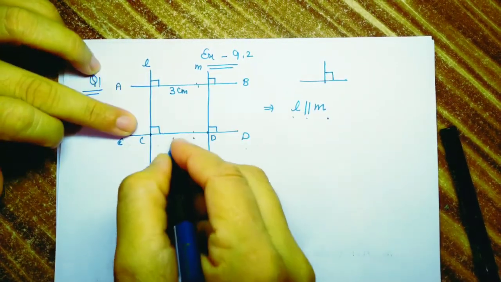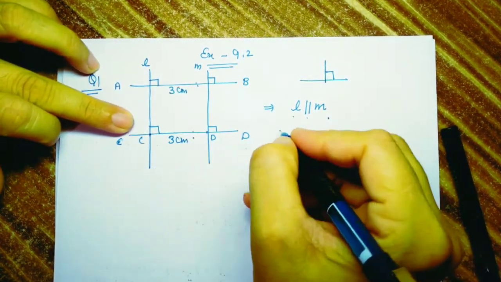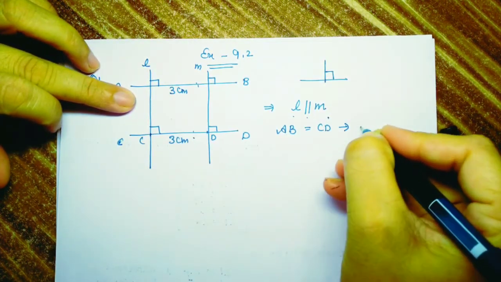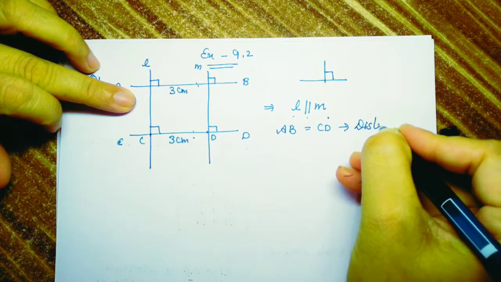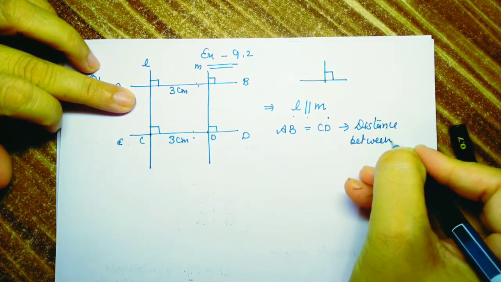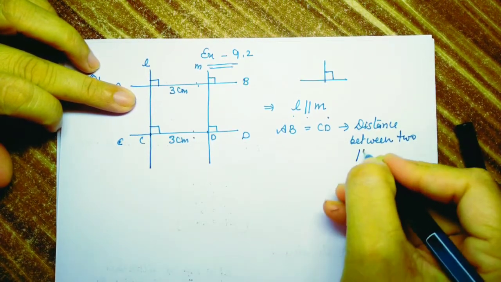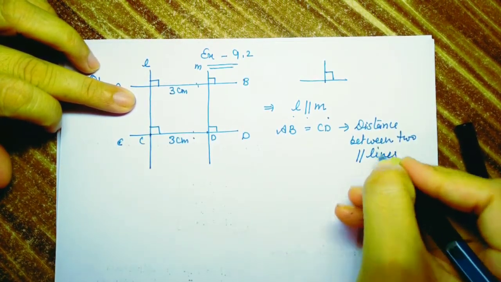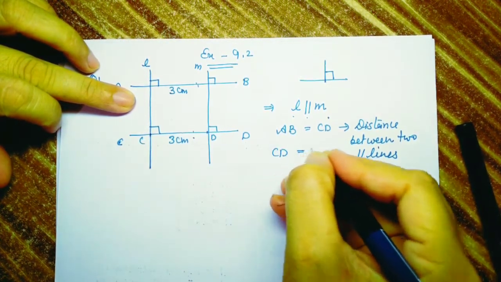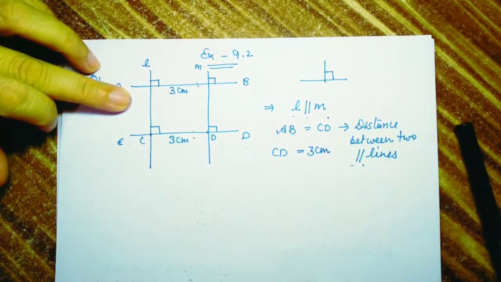So here it is 3 centimeters, so here also 3 centimeters. So we will write AB equals CD. Reason, distance between two parallel lines. These two standing lines are the symbol of parallel lines. So here CD is also 3 centimeters.